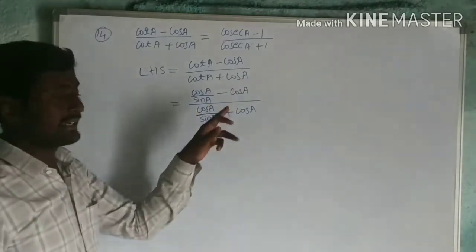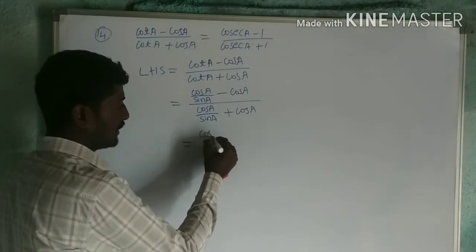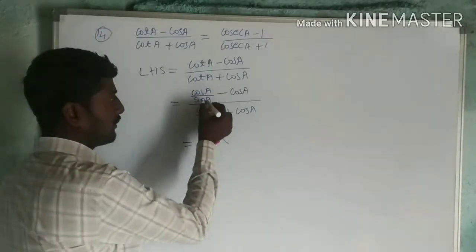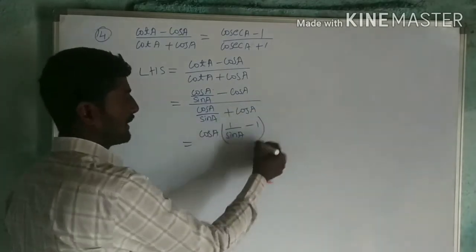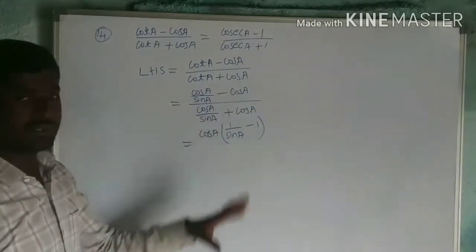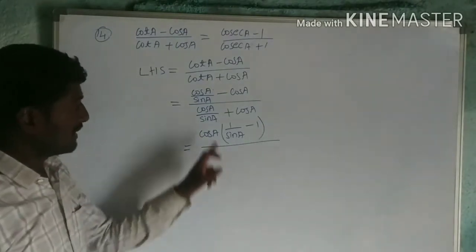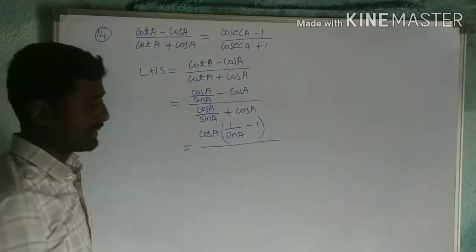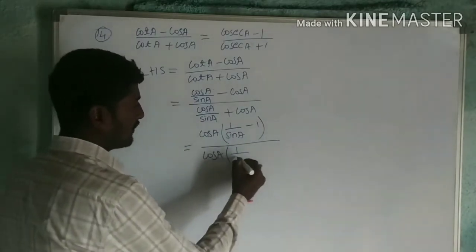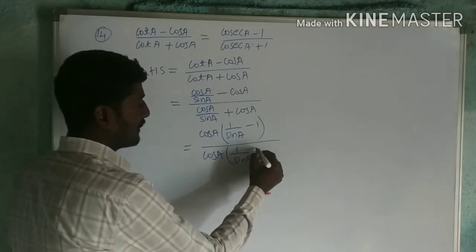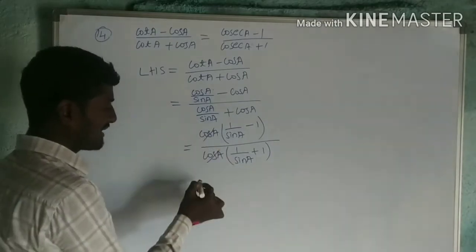For the numerator I can take cos A as common. If I take cos A common, numerator 1 divided by sin A, 1 by sin A minus 1. Cos A taken outside, divided by. Here also I can take cos A as common. Take cos A common, inside what will be there? 1 divided by sin A plus 1. Okay. Now cos A get cancelled.